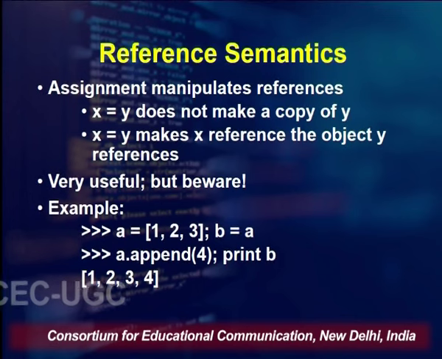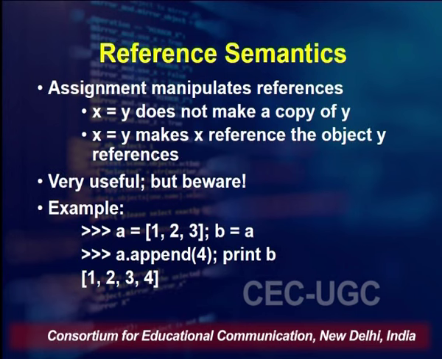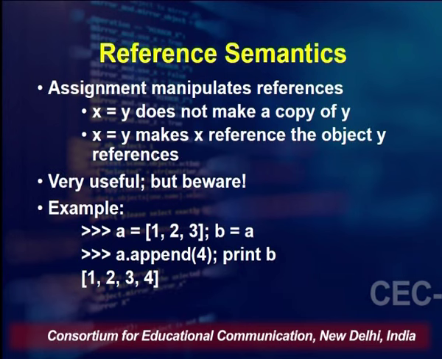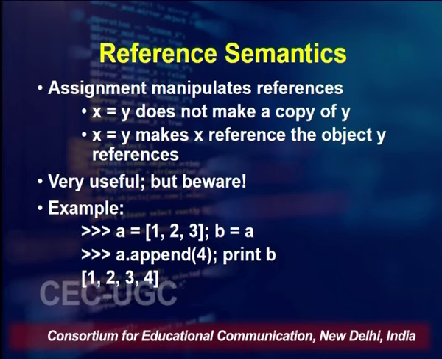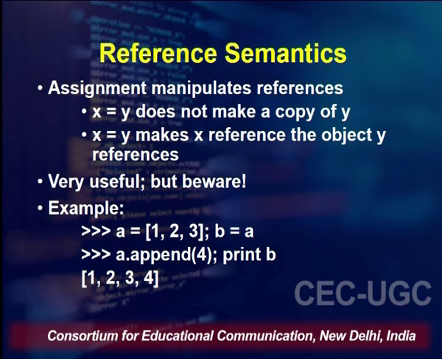So, if we look at reference semantics, in case of Python, the assignment actually manipulates the references. Say for example, if we have two variables x and y and we say that x is equal to y, what will happen? It will not make a copy of y.